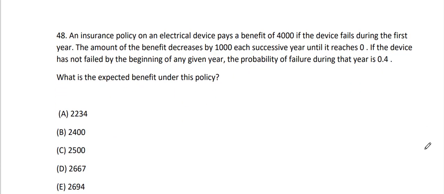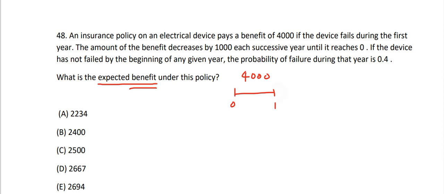Okay, so for problem 48 also we want to find expected benefit. So we want to find what the benefit is. Like benefit for these policies, just the payment. Okay, so same story. If failure in the first year, they will pay 4,000.